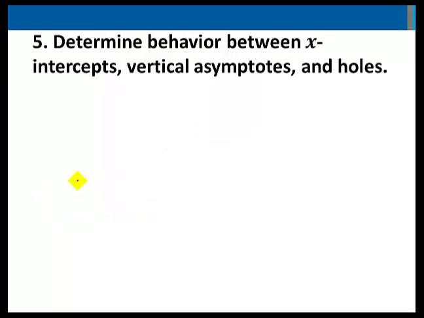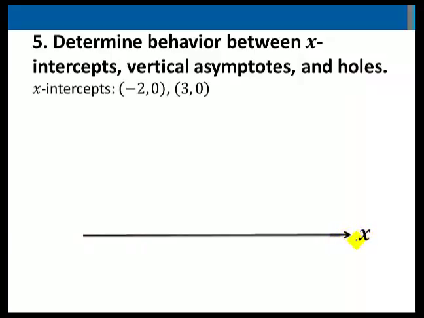Let's next determine the behavior between the x-intercepts, vertical asymptotes, and holes. Here is a number line that I will use for a sign chart. My x-intercepts are at negative 2, 0, and 3, 0. So we'll mark the x values of negative 2 and 3 here, and their associated y values of 0.